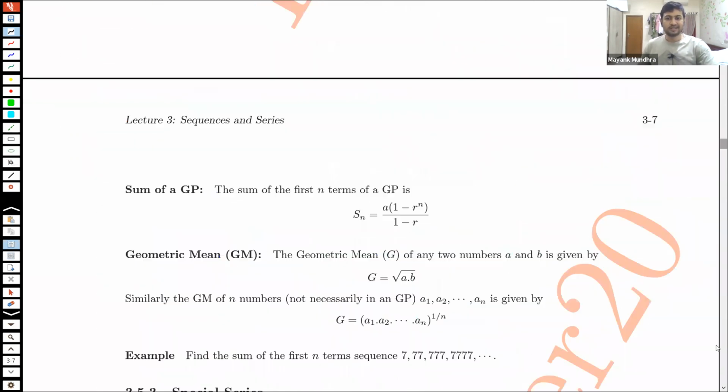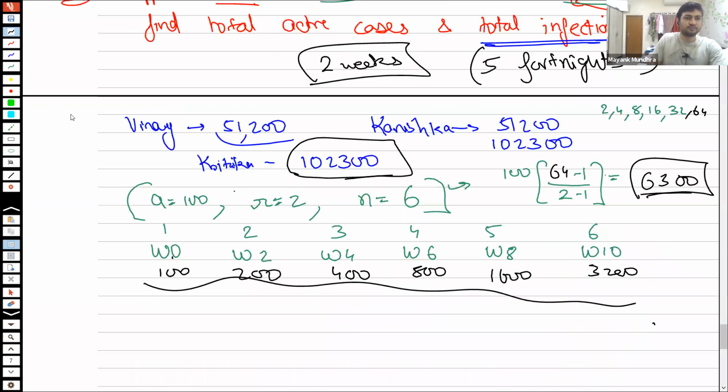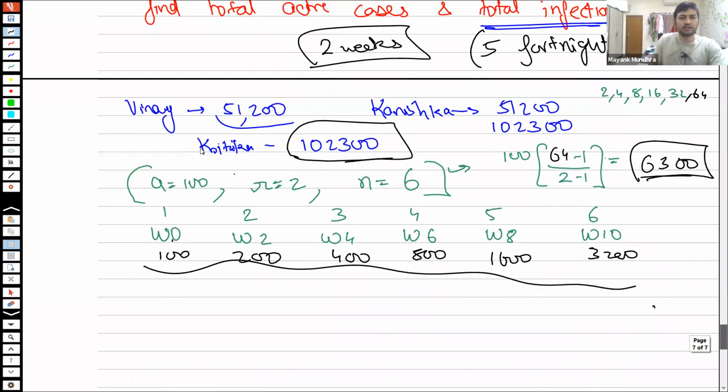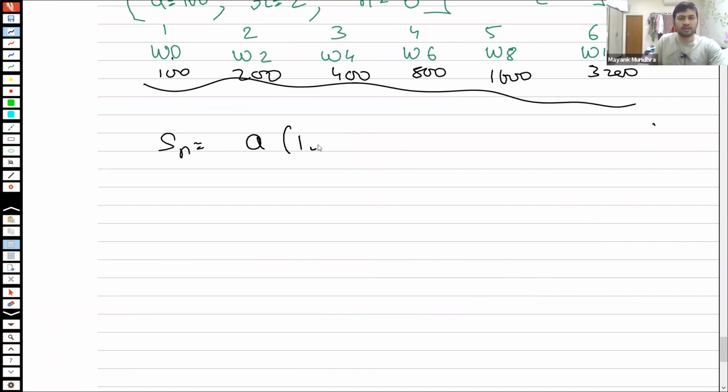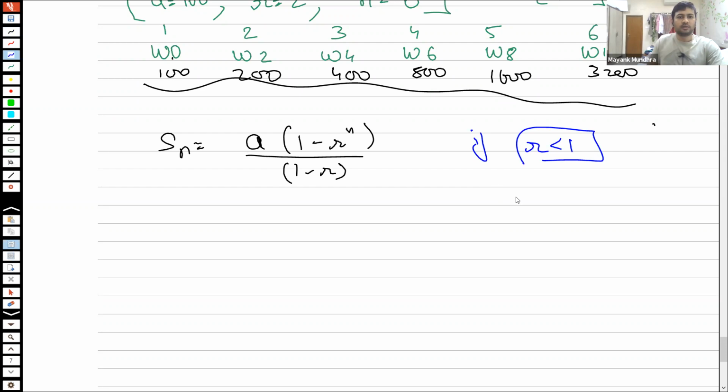Now the next thing is infinite geometric progression. So the sum to n terms is a into 1 minus r to power n upon 1 minus r. Right. Now if r is less than 1, okay, then limit n tending to infinity of r to power n is 0.